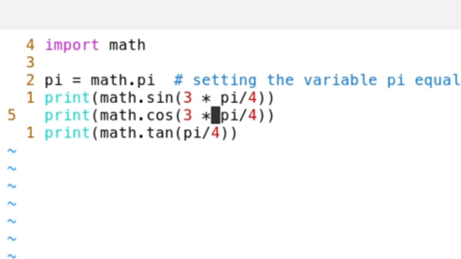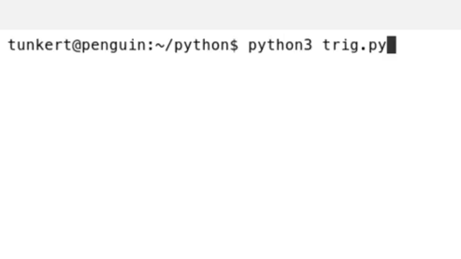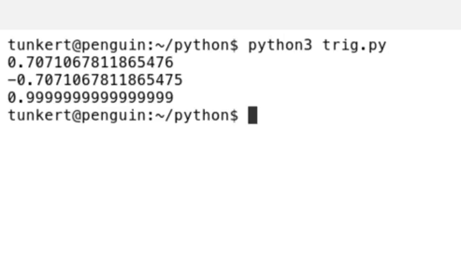The sine is the opposite over the hypotenuse, so the sine is still positive because we're still dealing with positive y values. Because we're dealing with 45-degree triangles, the absolute value of the values is going to be the same because the sides are the same opposite the 45-degree angles. Okay, let's run this and we'll see the first value is positive, the second value is negative, and we still get that 0.9 repeating for the tangent. So first value positive, second value negative.